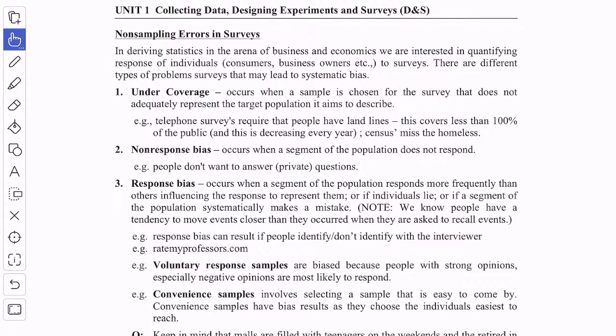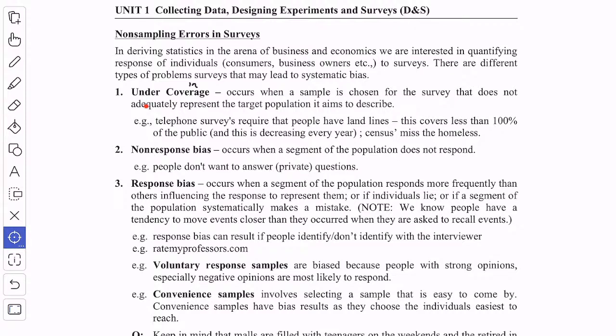So in deriving statistics in the arena of business and economics, we are interested in quantifying response of individuals like consumers, business owners, etc., their response to surveys. There are different types of problems in surveys that may lead to systematic bias. So I'm going to go through a few of them just to formalize the terminology.